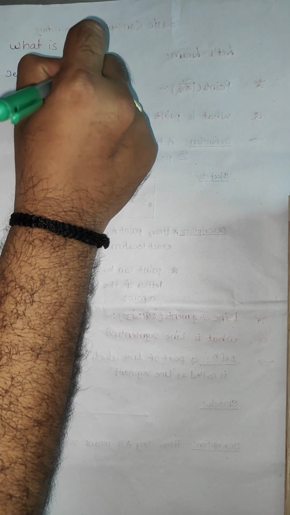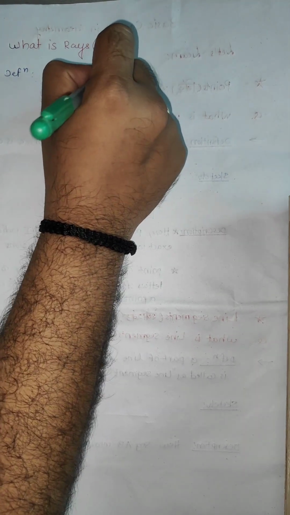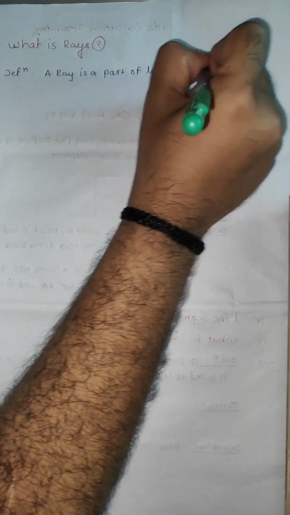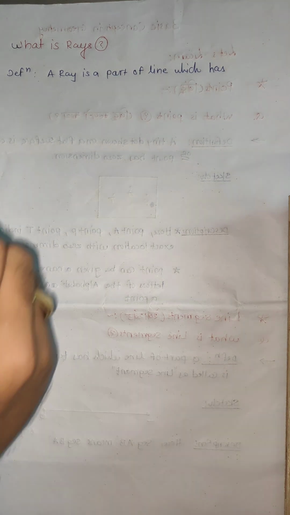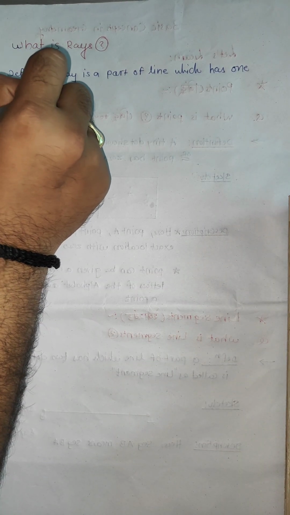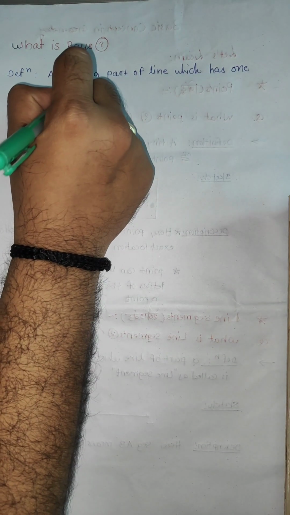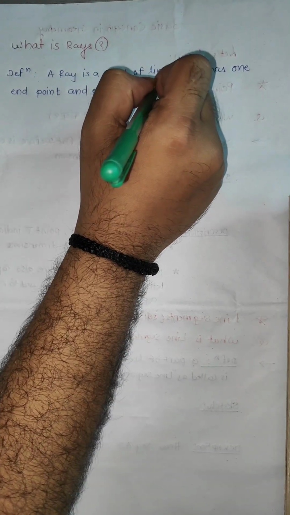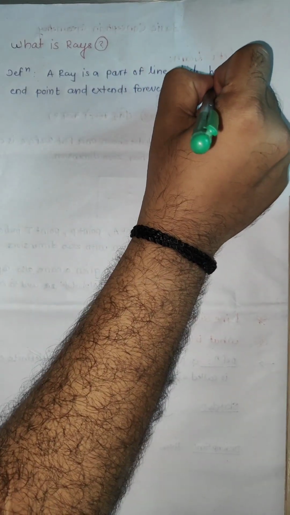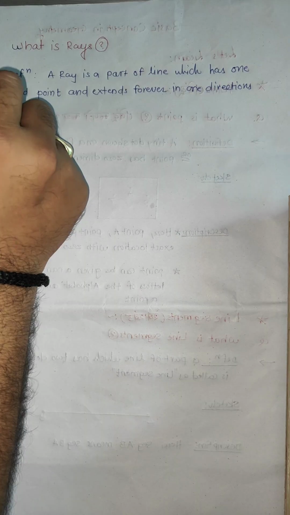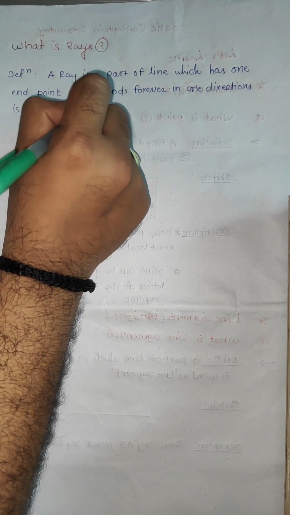A ray is a part of a line which has one endpoint and extends forever in one direction, and is called a ray. The first point is clear.